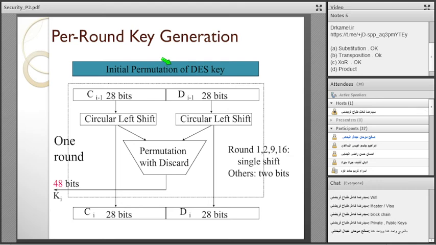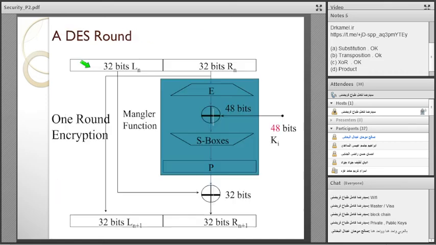Key generation is this one. You have the original key, and you divide it into left and right. It has a circular left shift for both of them. Then we use permutation with discard.